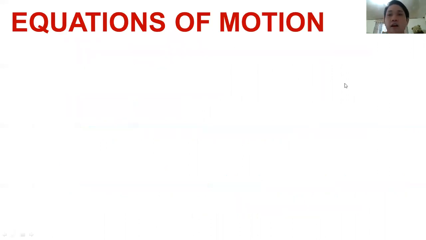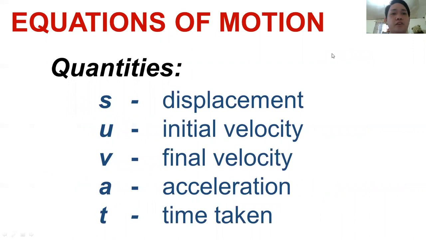Okay, now let's go to the equations of motion. In the equations of motion, there are quantities that we are very concerned with. Here are the quantities. We have S for displacement.